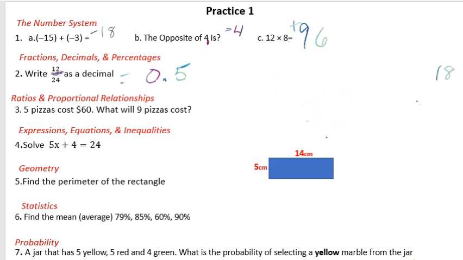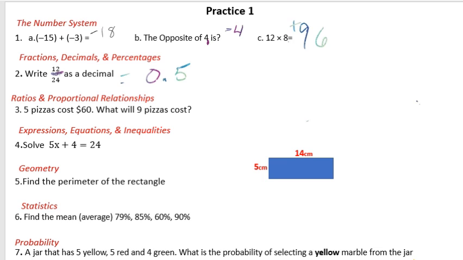All right. Let's move on to ratios, proportional relationships. This one says if 5 pizzas cost $60, they want to know how much 9 pizzas will cost.